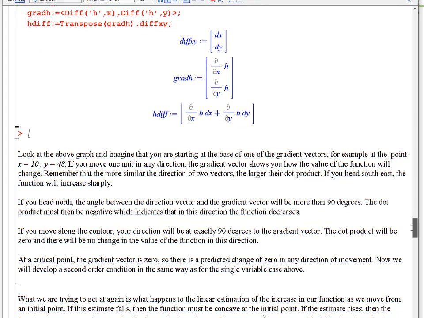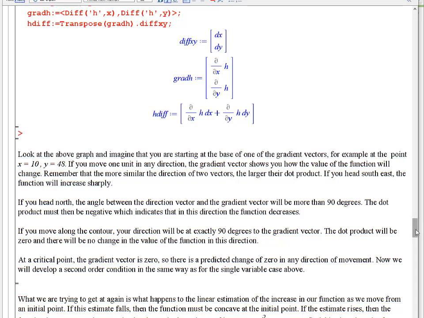Okay, so if you look above and start off at the base of any of these, if you start at the point 10, 48, if you move in any direction, the gradient vector shows you what's going to happen to the function. And the more similar the direction of the two vectors, the larger the dot product.